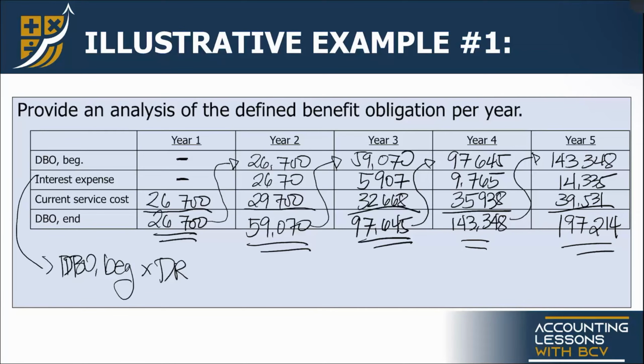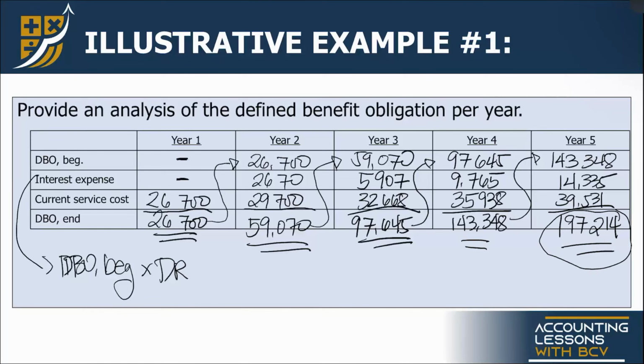Because we are using future value and present value, there is really a rounding difference. It is okay. Got it? So our final DBO balance at year 5 is equal to your total retirement benefit.